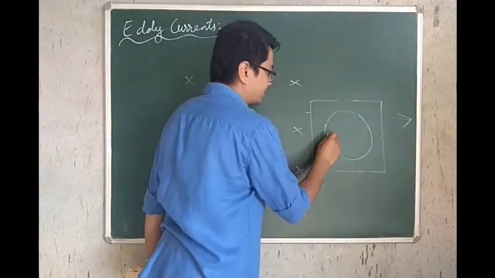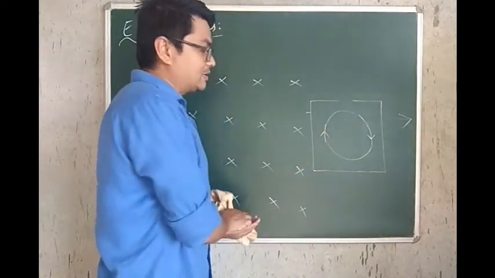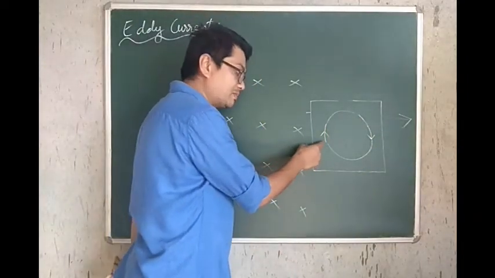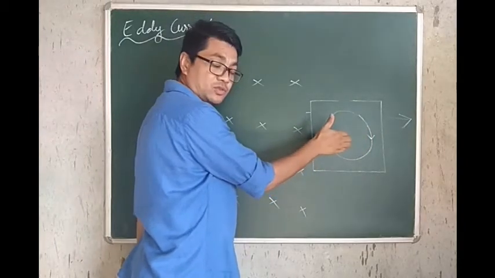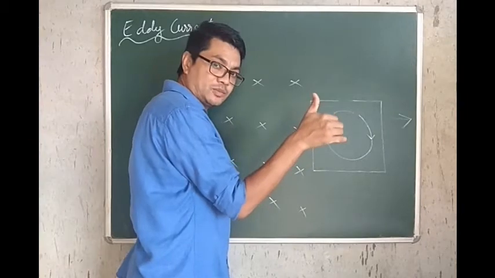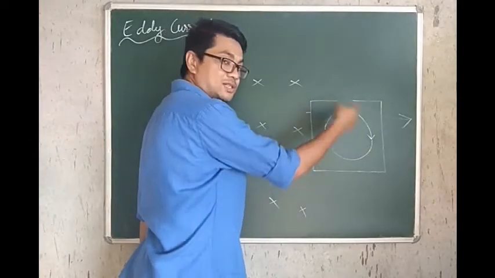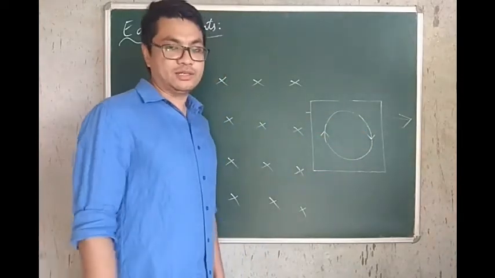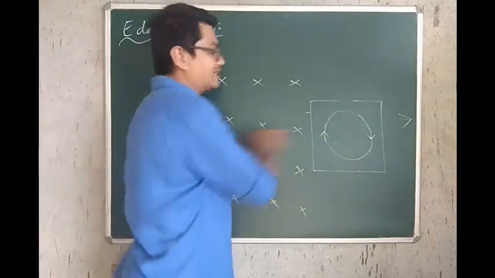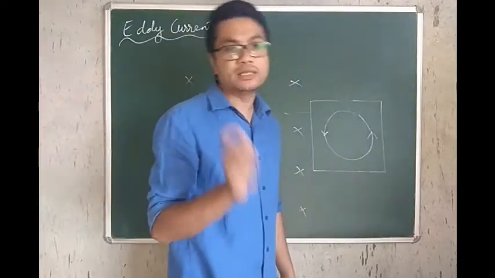So therefore current will be induced in this direction. You can see the direction of the magnetic field generated by this induced current is going into the plane of the board, applying our right hand thumb rule. So the current is induced in such a way that it wants to increase the magnetic field, because it is the decrease in magnetic field that is the cause producing this eddy current.